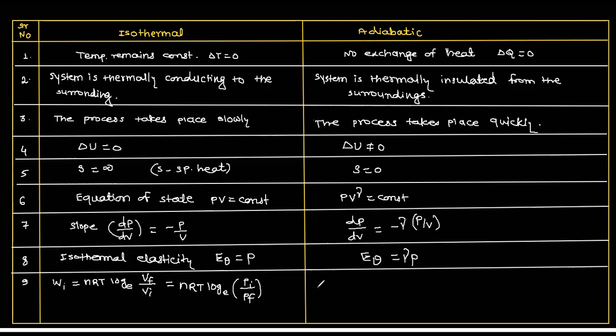Yes, and here W in adiabatic process is what? Pi Vi minus Pf Vf divided by gamma minus 1. That is also equal to nR Ti minus Tf divided by gamma minus 1. Okay. Just keep this table in mind, and it will be very easy for you.